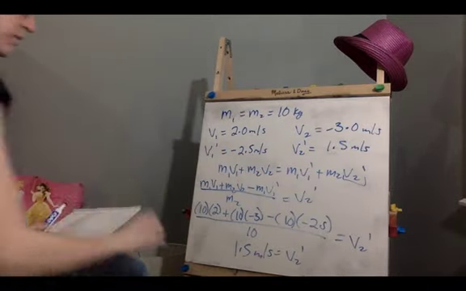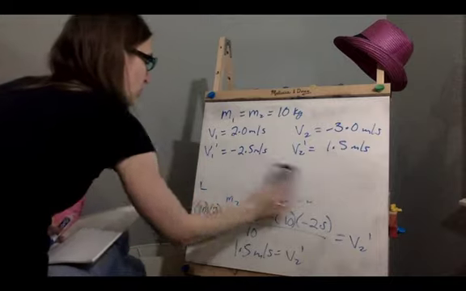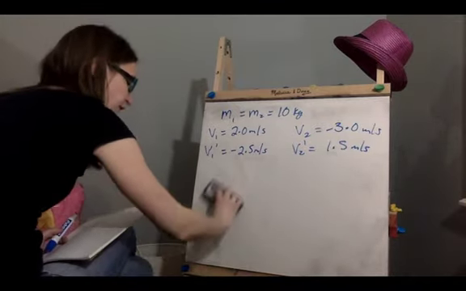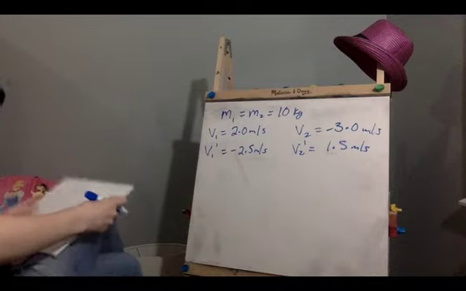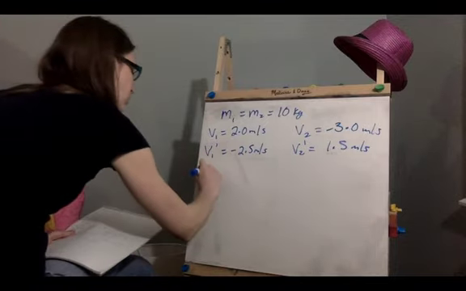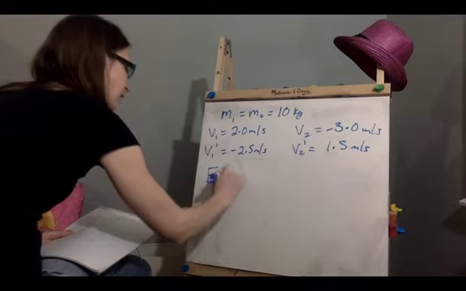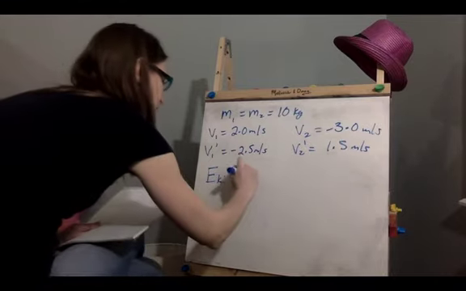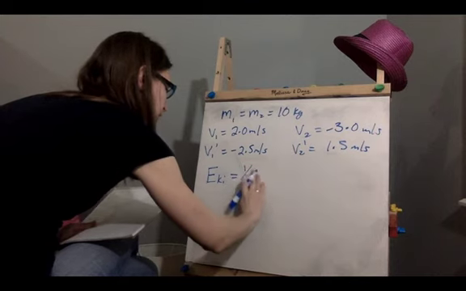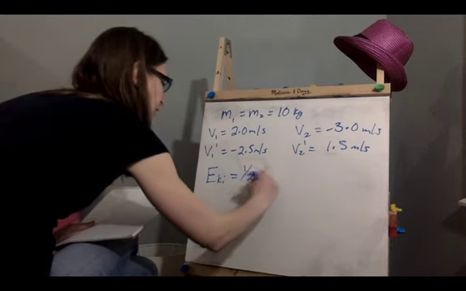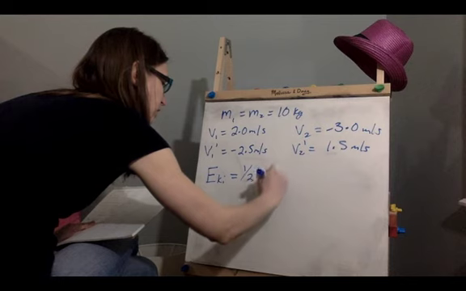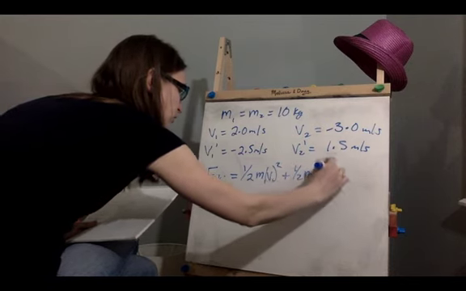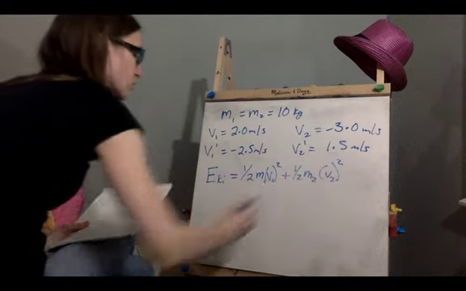So that's helpful. So now we go for kinetic energy initial and kinetic energy final, right? And we can combine that and do it in one step. Say, okay, well, EKI is going to equal our 1/2, not 1/3, 1/2 M1 V1 squared plus our 1/2 M2 V2 squared.